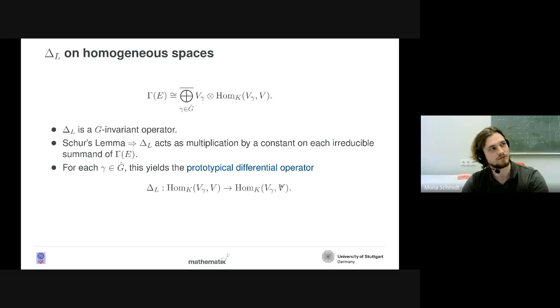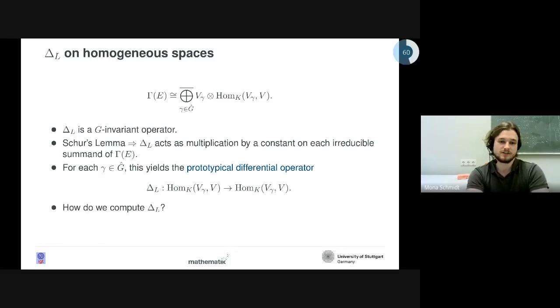So it's actually not multiplication with a constant. That's a mistake here that I made when I wrote it up. It's multiplication with a matrix on this coefficient space. Yeah, this is what we call matrix coefficients, the elements of this space, and every such invariant operator takes a matrix coefficient to another matrix coefficient. This is what we call a prototypical differential operator.